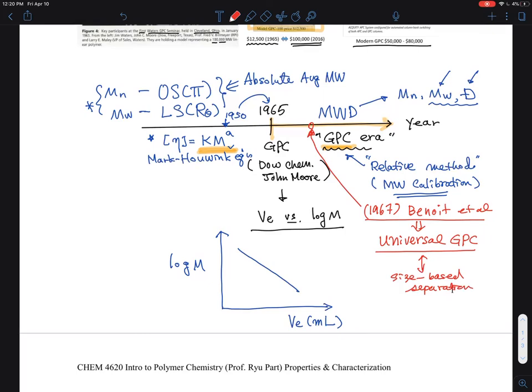And I briefly talked about the effect of the size, essentially molecular weight times intrinsic viscosity. That's the size, right? And he later found that it is related to the elution volume.